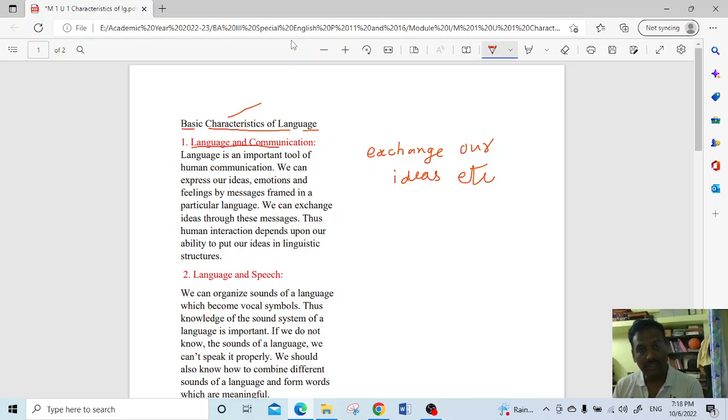And in this way we communicate with each other. So therefore it is written that we can exchange ideas through these messages. So we build messages, we make messages in language, and through these messages we exchange our ideas and thought.